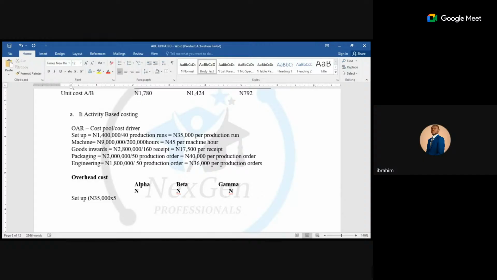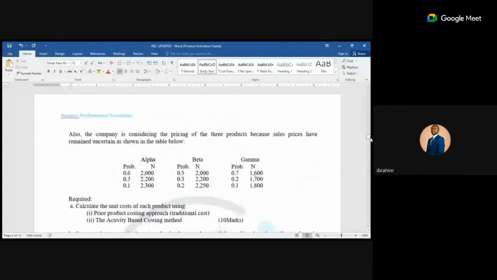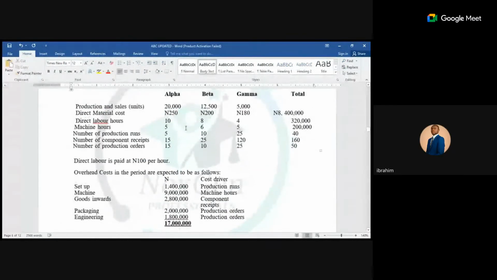Now, you can see that you have 35,000 per production run, class. Alpha will run 5 production runs to produce 20,000 units. The other one we make 10.